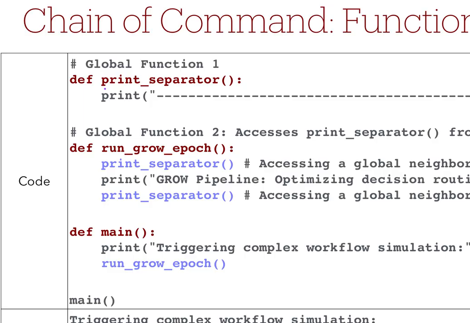Even in that case, I can call that function inside of the run grow epoch function. I can call the run grow epoch function inside the main function, because all those three functions are global objects.